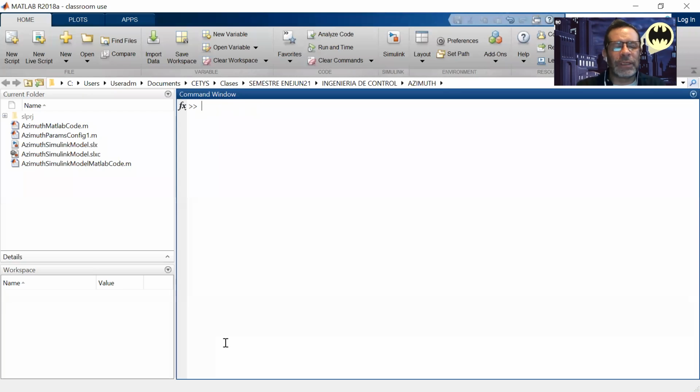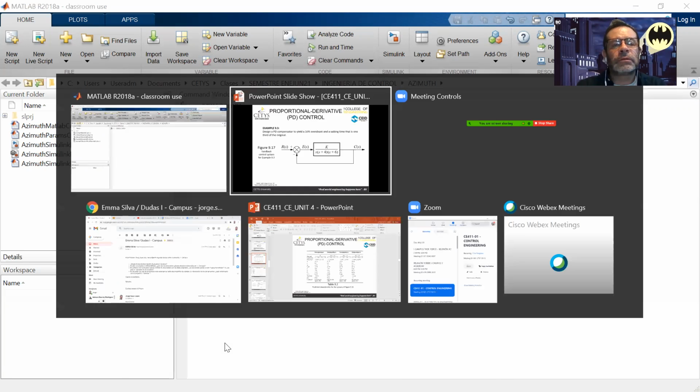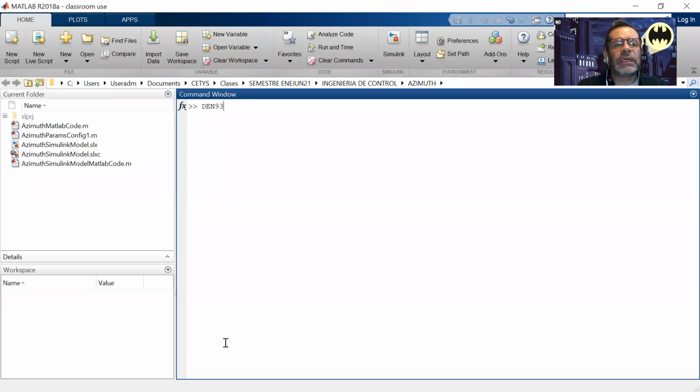I'm going to do the same thing with the denominator because we're going to be repeating it. So I'm going to call it den93. This is going to be the convolution of [1 0] times the convolution of [1 4] and [1 6].